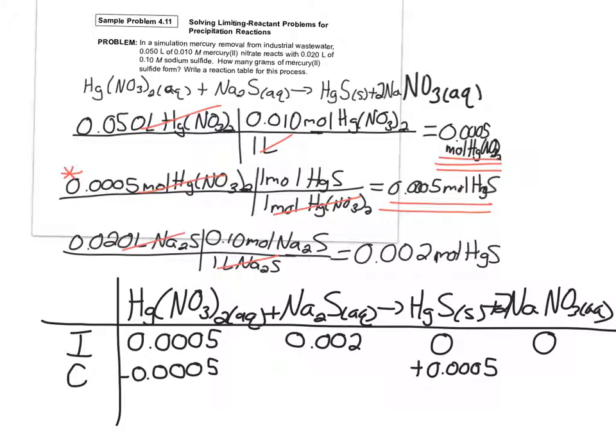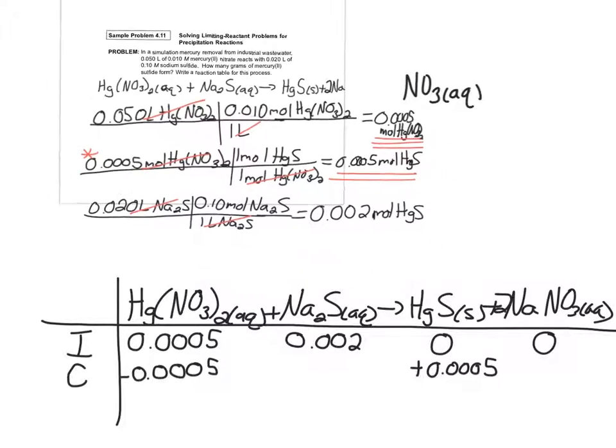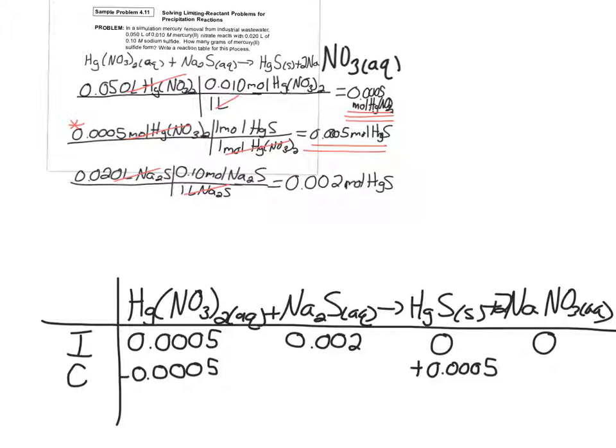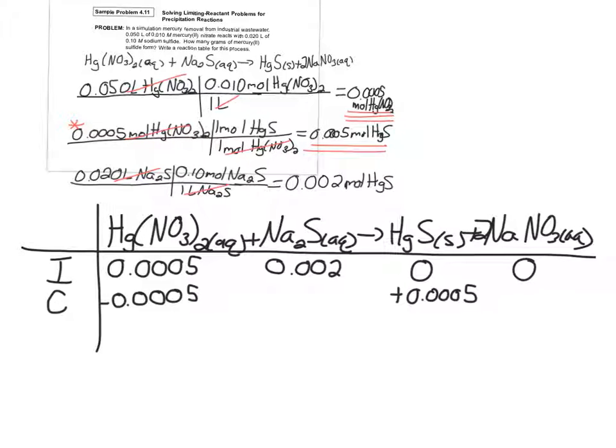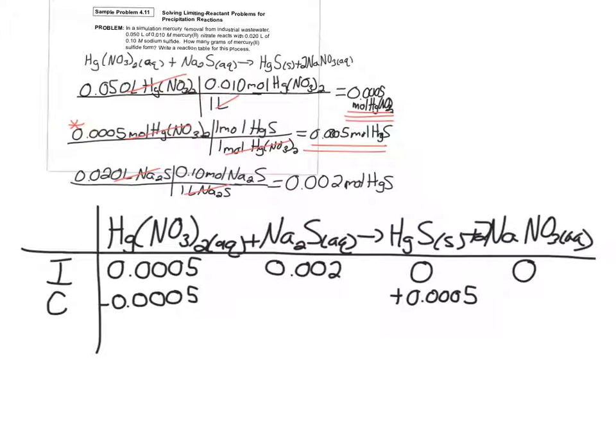And I don't know how much sodium nitrate I can make yet either, because we never did do that math. We didn't set up a T-table to figure that out. So let's see if we can figure out how much we used up of the sodium sulfide and how much sodium nitrate we made.